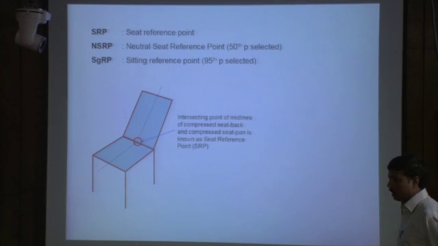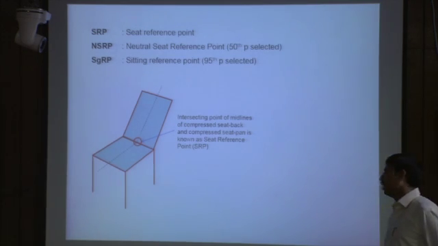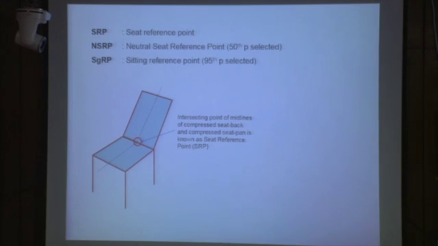Now next we are discussing seat reference point, SRP, neutral seat reference point, and SgRP, seating reference point. First we are discussing SRP, or seat reference point. How can we define SRP?